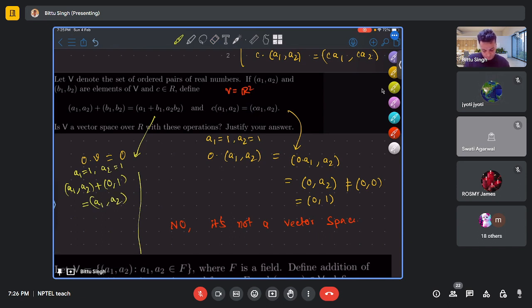But still, addition, is it a problem? Yes, addition is not problematic. Under addition all the properties will be satisfied.